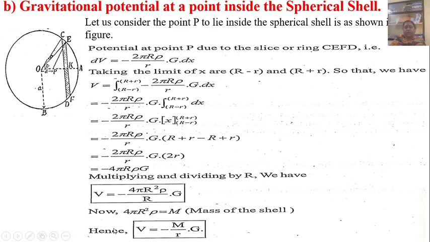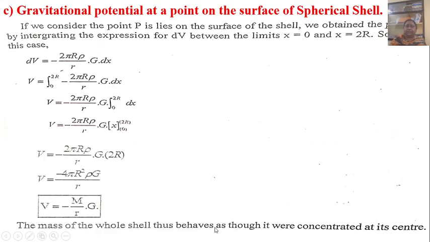So we get V equal to minus M upon r into G, that is the potential.